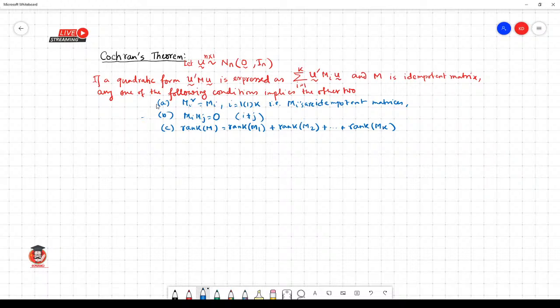Now this A implies, since if M_i is an idempotent matrix, we know from a result of multivariate normal that u prime M_i u follows a chi-square distribution with degrees of freedom rank of M_i. We know this result from multivariate normal.